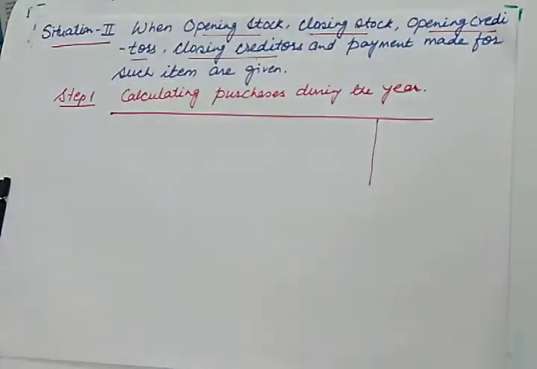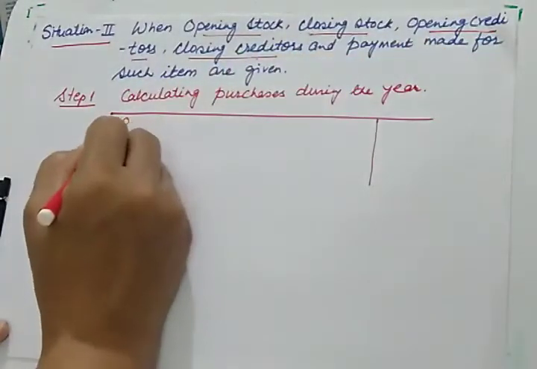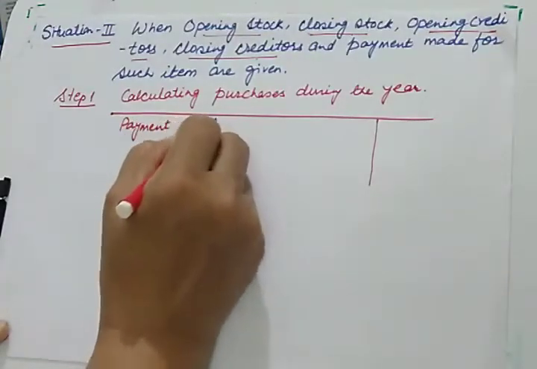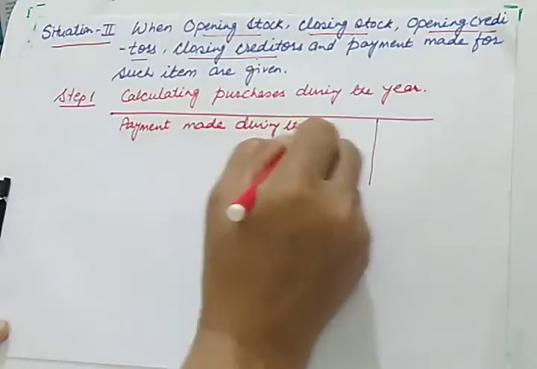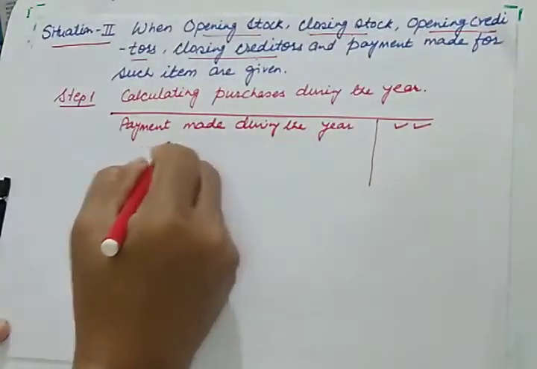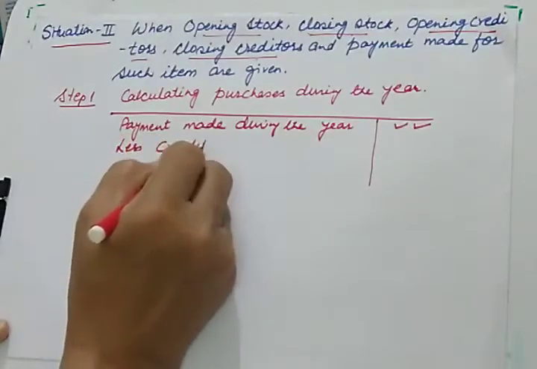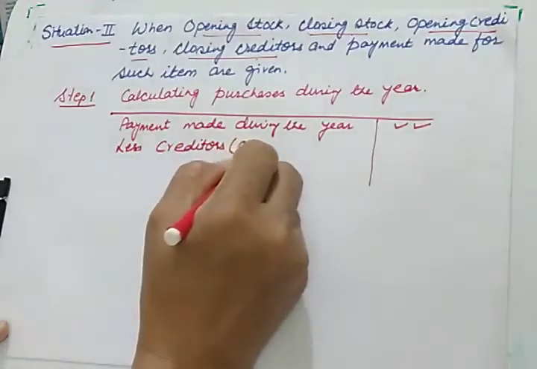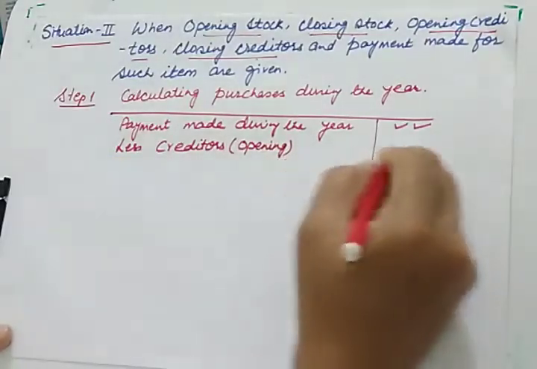Here, first of all, we'll be writing payment made during the year because it is given to us. From this, less creditors which are given in the beginning of the year. Opening creditors will be deducted.